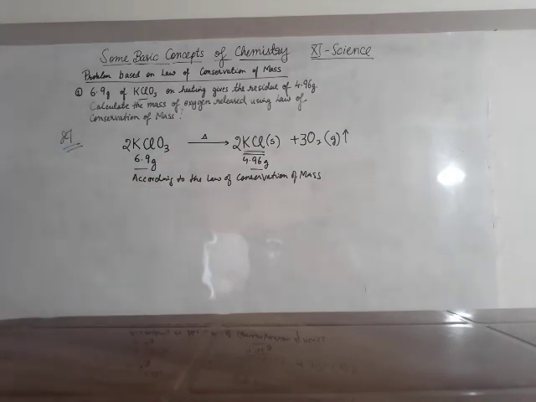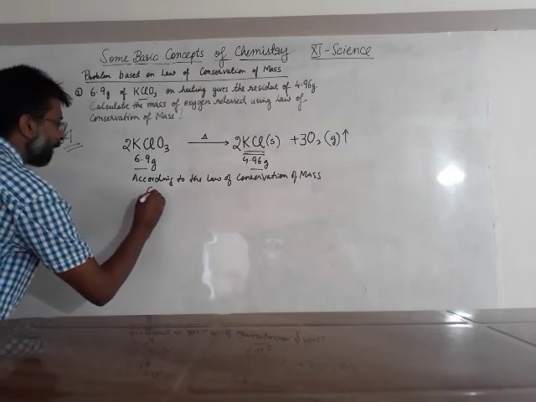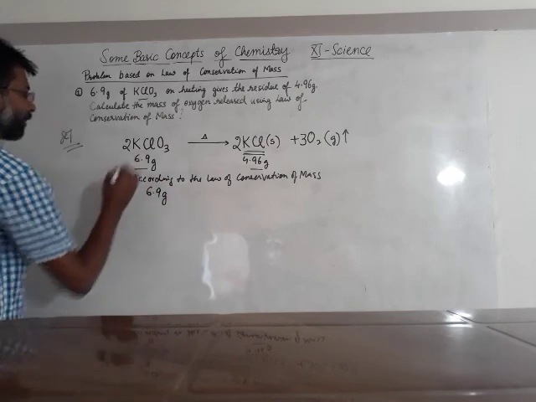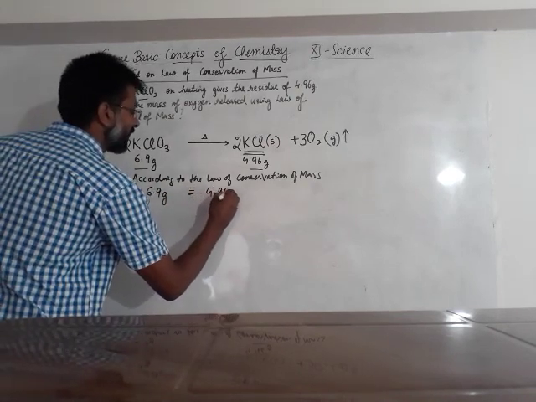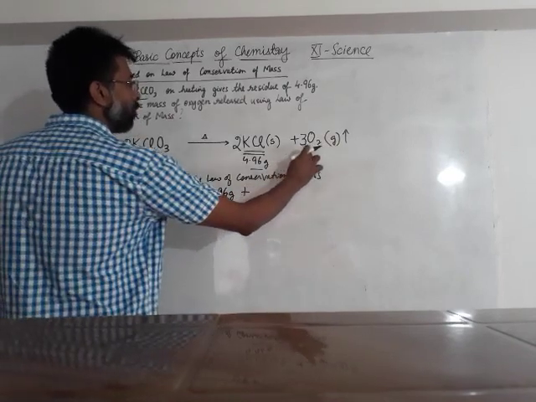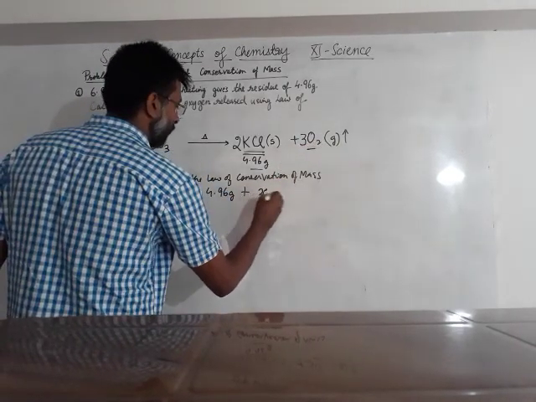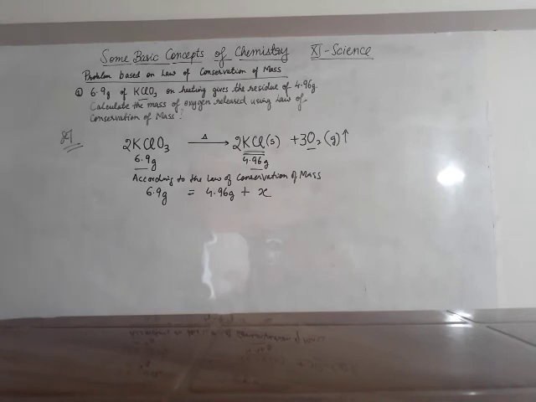Therefore 6.9 gram of potassium chlorate should be equal to 4.96 gram plus, we don't know the mass of oxygen, so I write X over here. So 4.96 gram plus X.